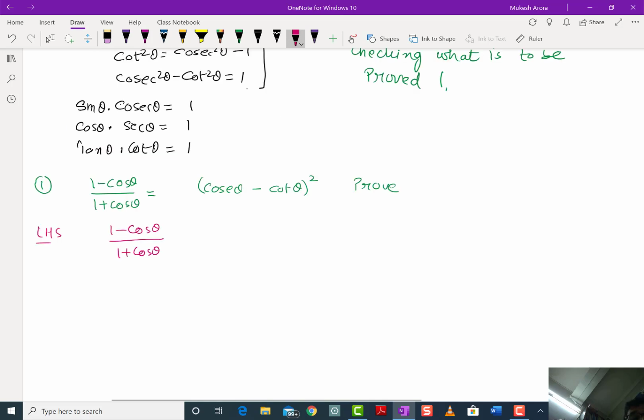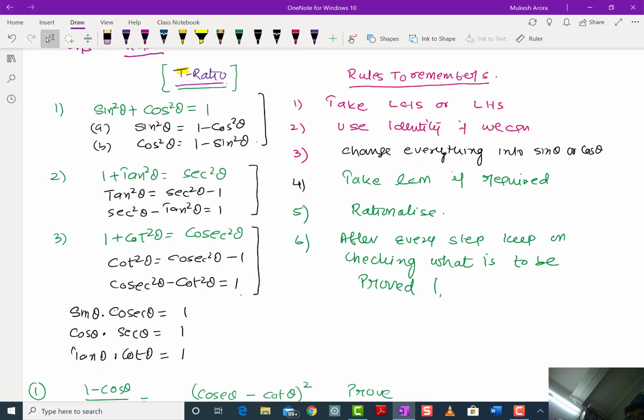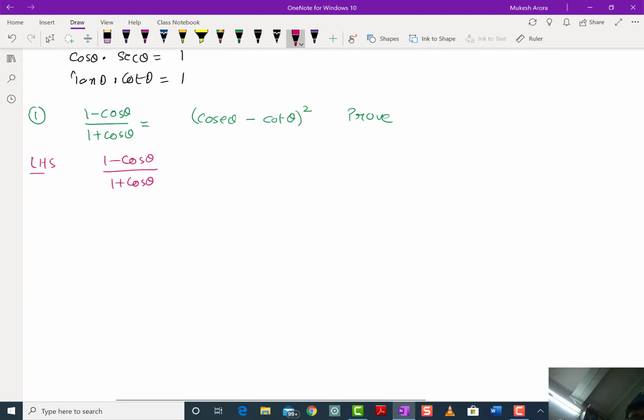The first was that we have to see whether an identity is used. No, we cannot change into sine and cos, and LCM we cannot take. So we will do rationalization. 1 minus cos theta, 1 minus cos theta. It will be 1 minus cos theta whole square upon 1 minus cos square theta.